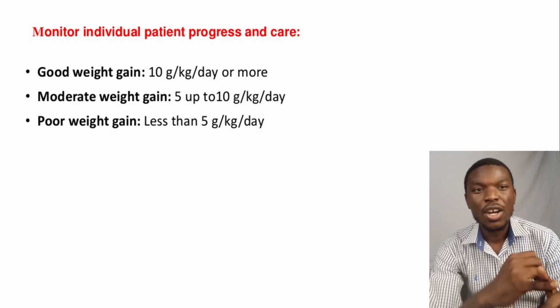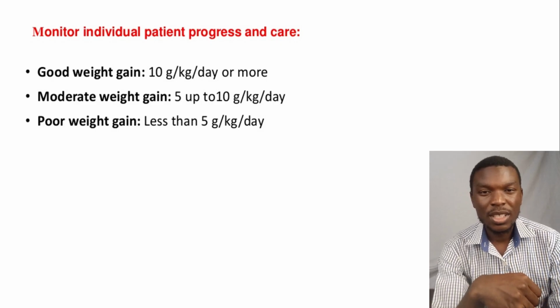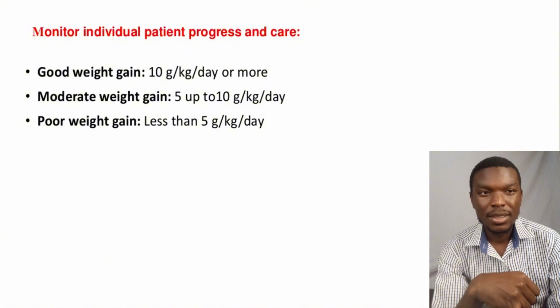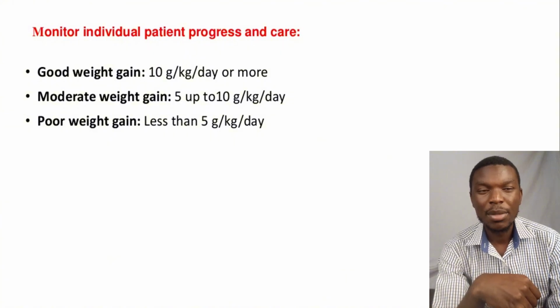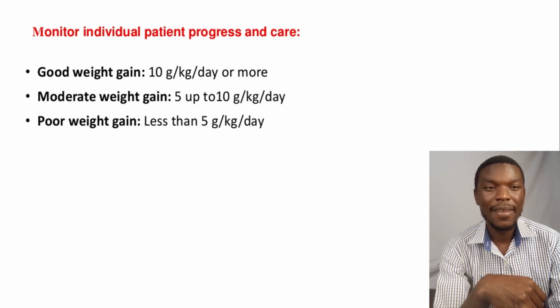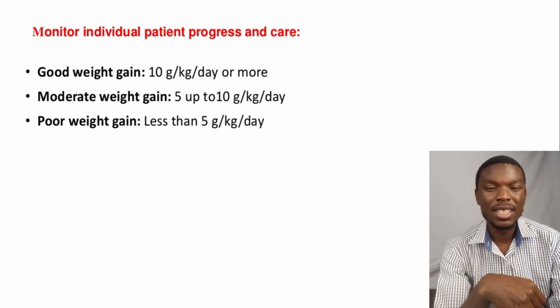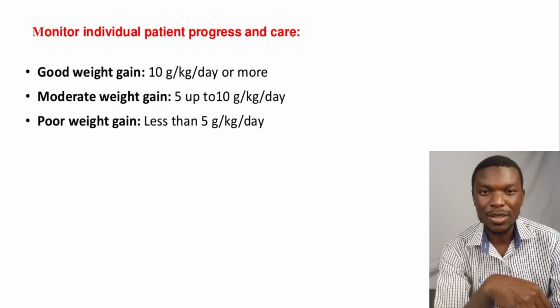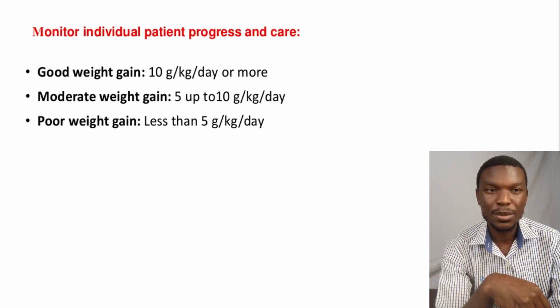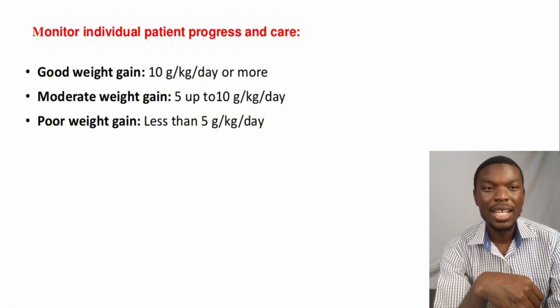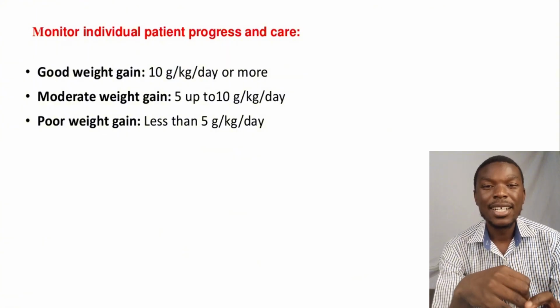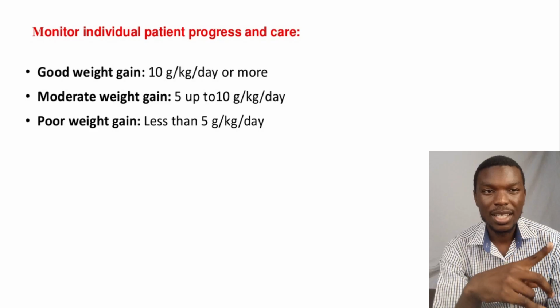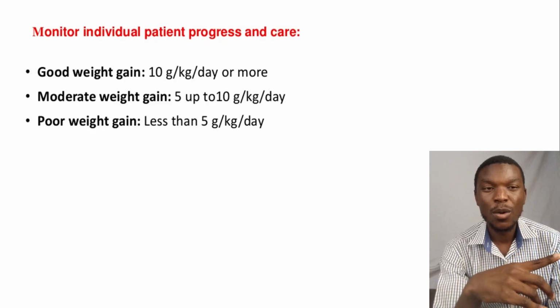So, good weight gain. A child should gain 10 grams per kg per day. So expect a child to be gaining 10 grams per kg per day. So let's say, for example, the child is 10 kg. You weigh the child on the first day, the child was 10 kg. You expect the child to gain 100 grams in one day or more.